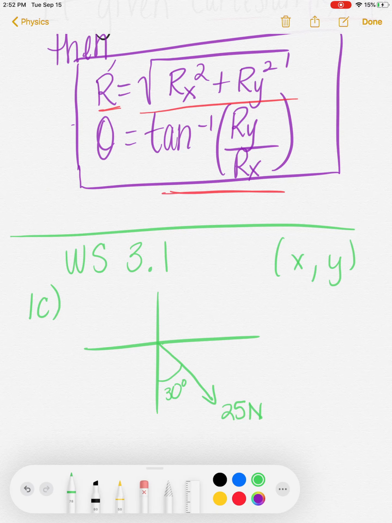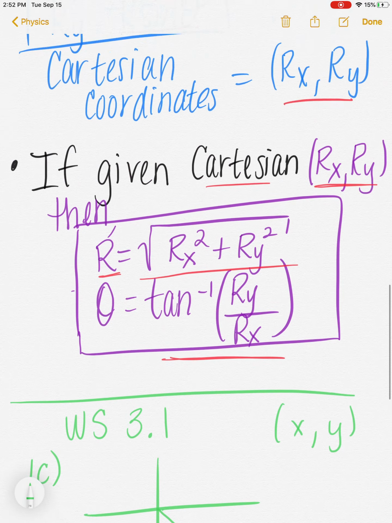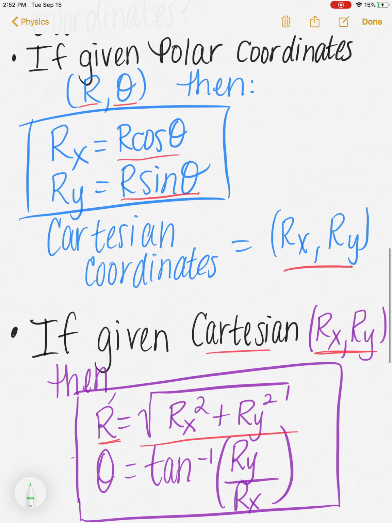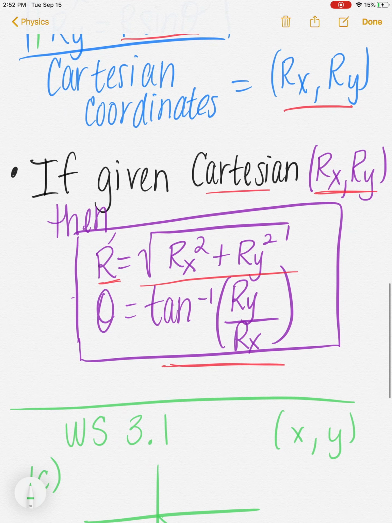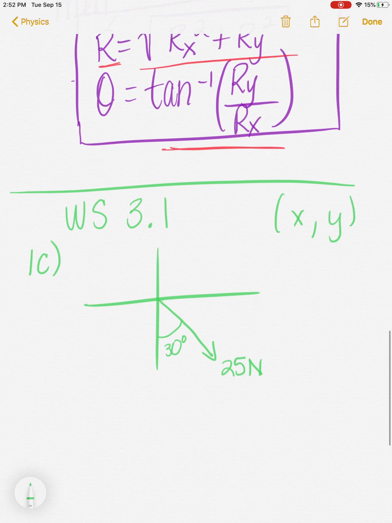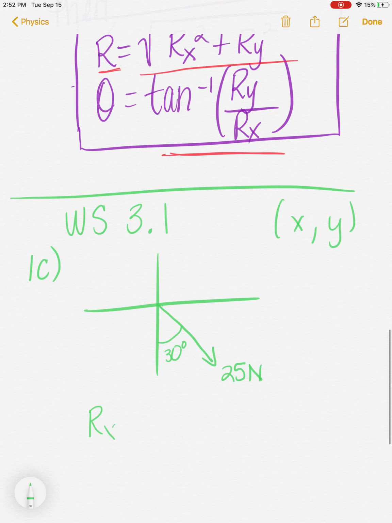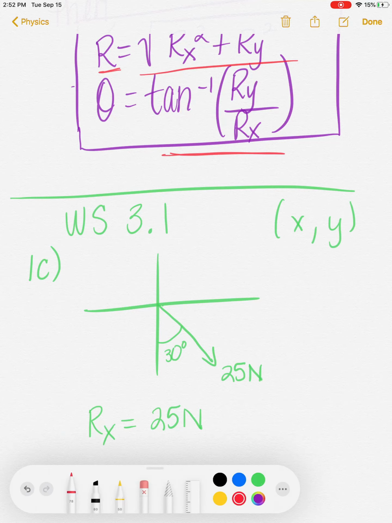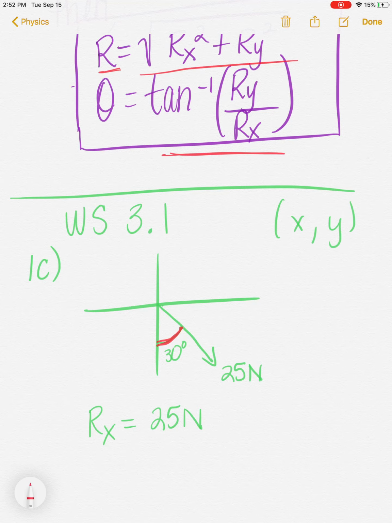All right, so let's go back to our equations. If we have the polar coordinates and we need x and y, this is what we are supposed to use. But I should go back here, because remember how we said we shouldn't express our angles like this?